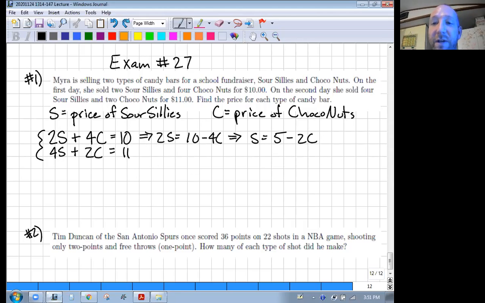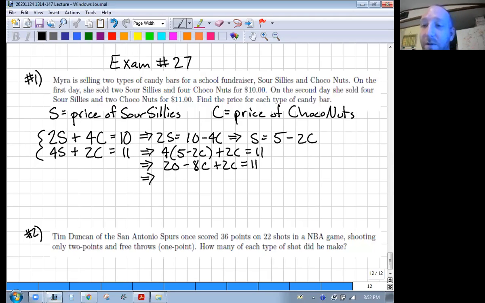If we do that, take this S and replace it with the 5 minus 2C. So this is one equation with only one unknown, just the letter C. And now we just solve for C here. 4 times 5 is 20. We got a minus 8C and a plus 2C equals 11. So negative 8C and 2C is negative 6C.